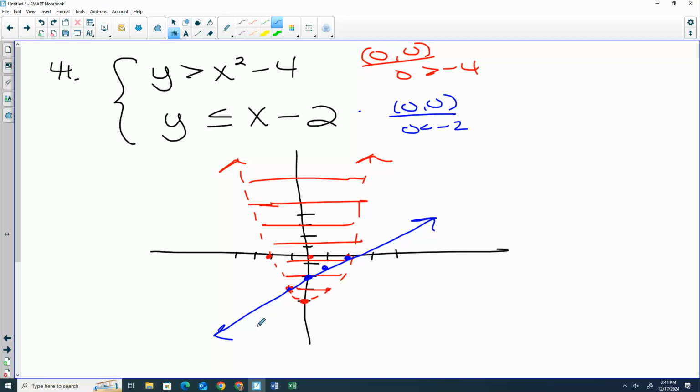No, so it tells you shade the other side. You could also look at it and say less than means below. So I'm shading down here. So your overlap region is this section, below the line but inside our parabola. So I should be able to clearly see both graphs and tell the darkened part where your overlap was.